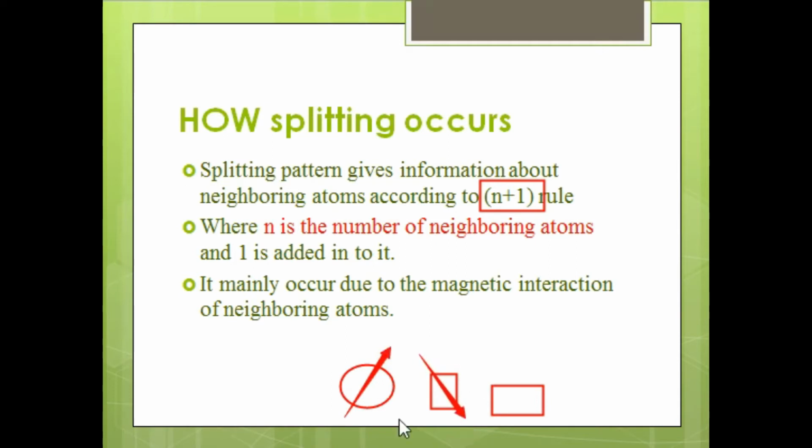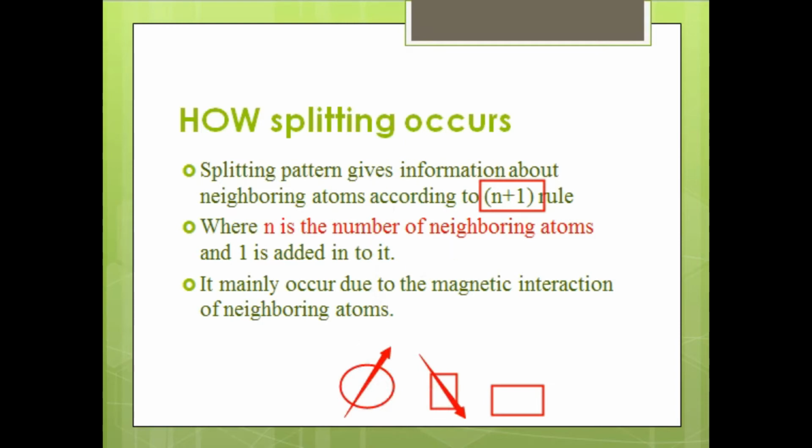It may be north pole, it may be south pole, it may be forward, it may be backward, it may be in high energy, it may be in lowest energy. Then how these two atoms interact with each other and how they affect each other will be discussed in this magnetic splitting or the splitting patterns.